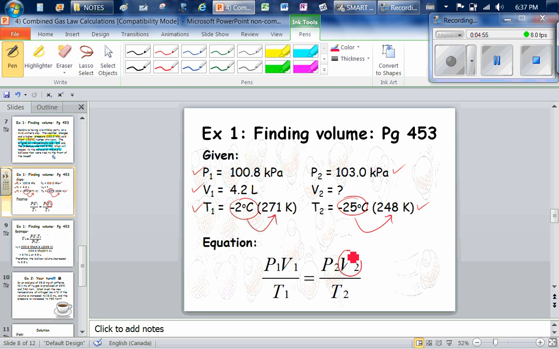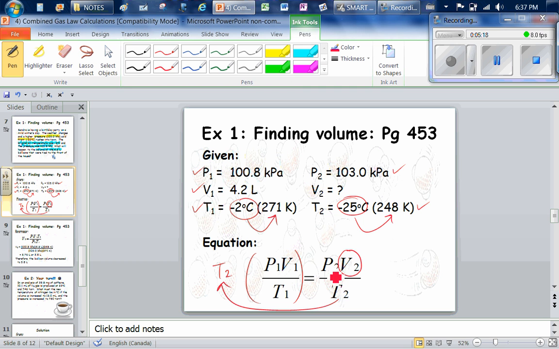So you have to be able to rearrange the formula. This is divided by T2, so we're going to bring that over and multiply by T2, and you multiply this side by T2, which gets rid of it, or you just bring it over to the other side. What you're left with then is V2 times P2.